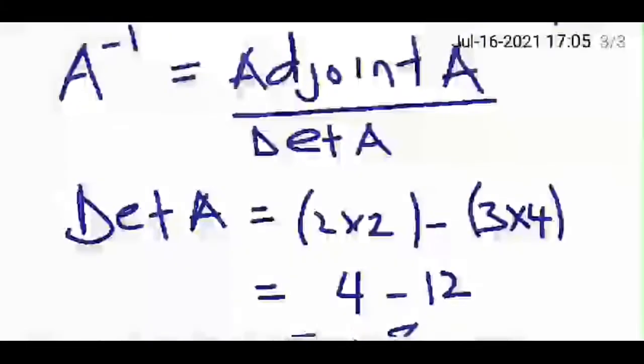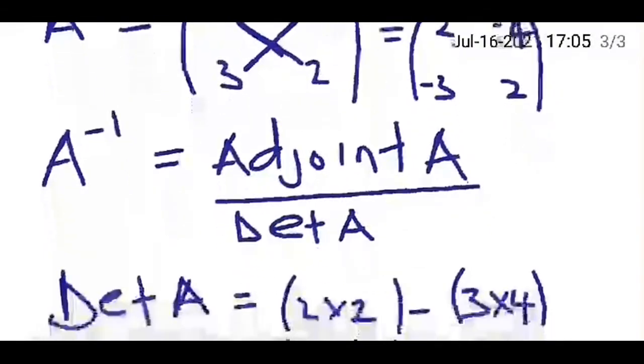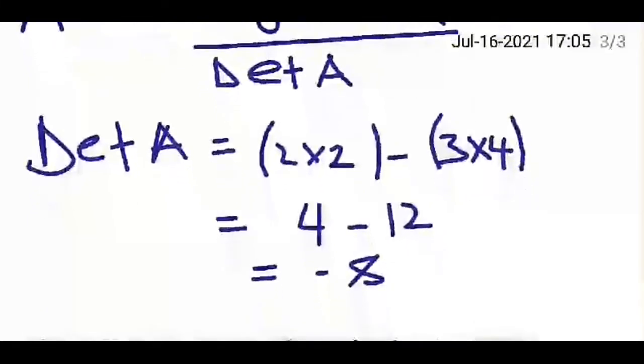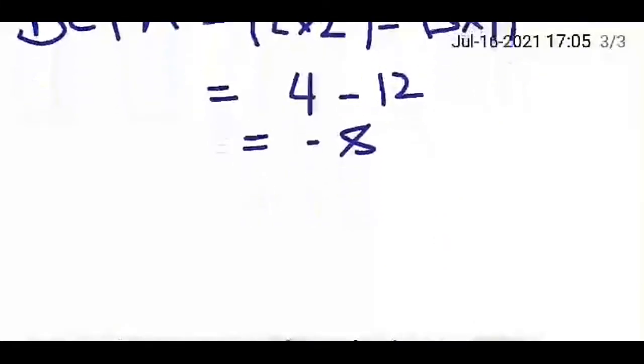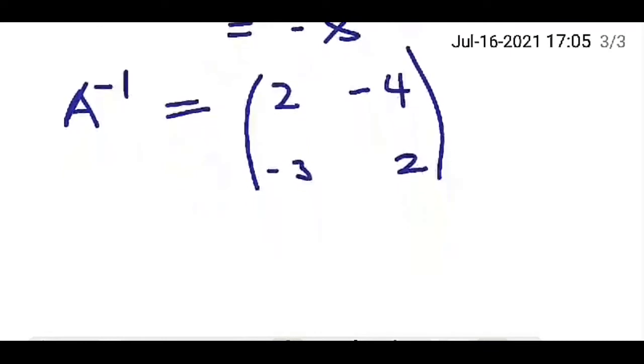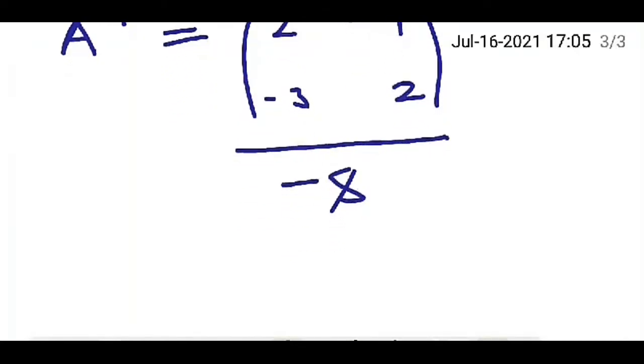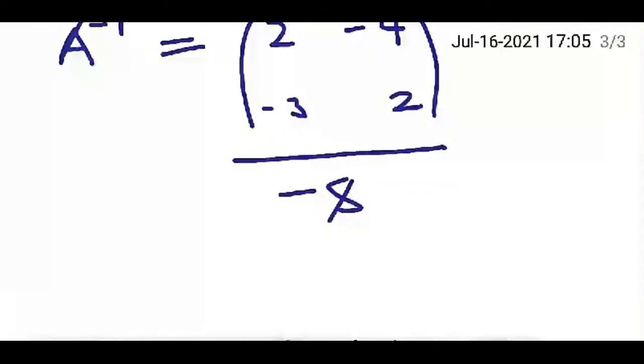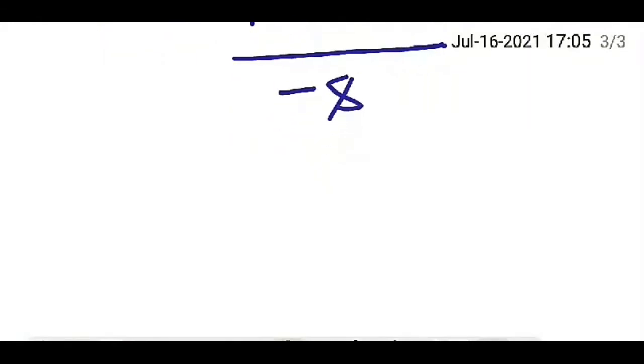What about the adjoint? The adjoint is 2, -4, -3, 2. So you now write your inverse as A inverse equals 2, -4, -3, 2 divided by the determinant, -8. So you go and divide each element by -8.